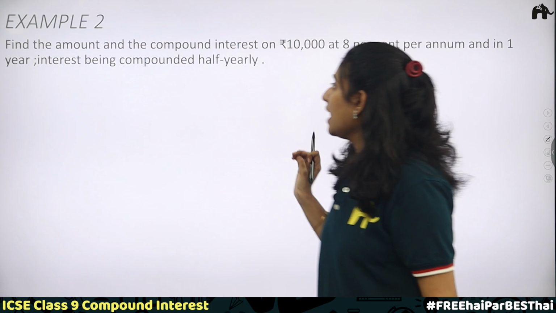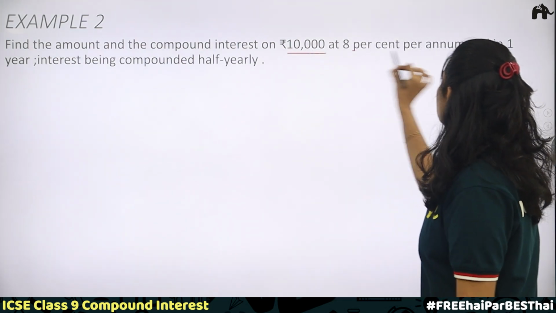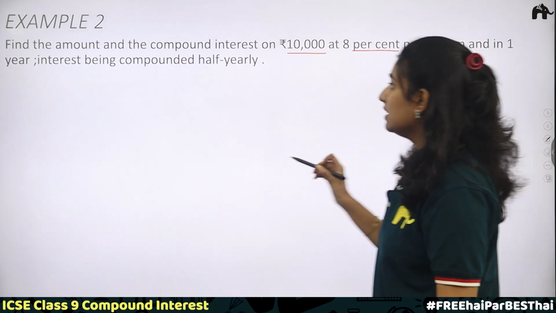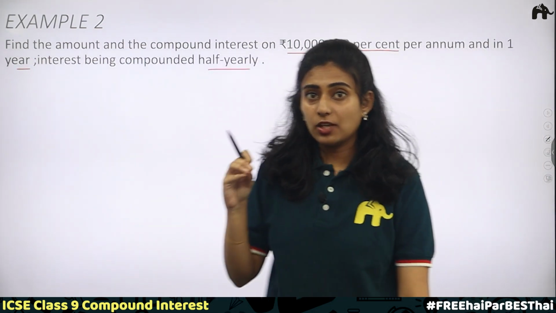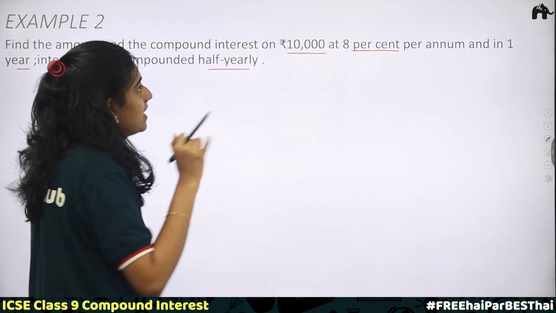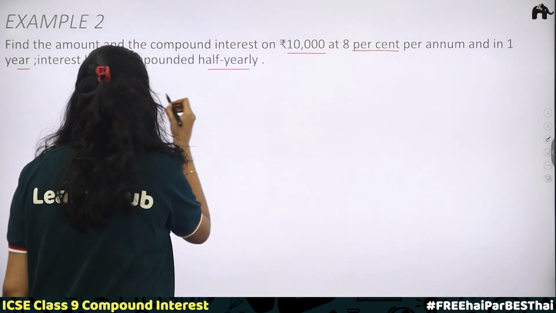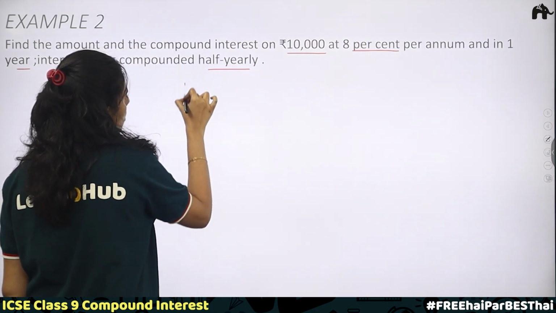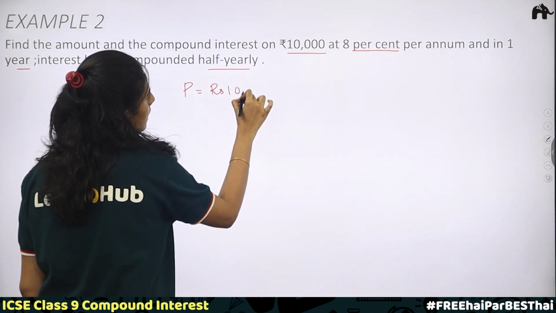Example 2. Find the amount and the compound interest on rupees 10,000 at 8% per annum and 1 year, interest being compounded half yearly. So we have to calculate for the first half year and the second half year. Per annum means 1 year. Okay. So here we are given the principal amount P equal to rupees 10,000.